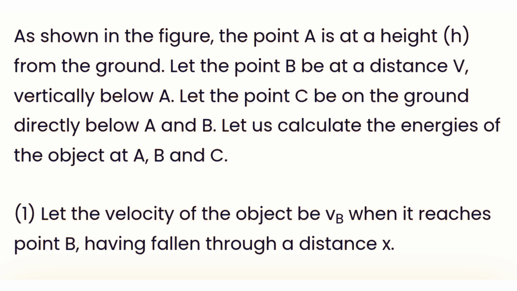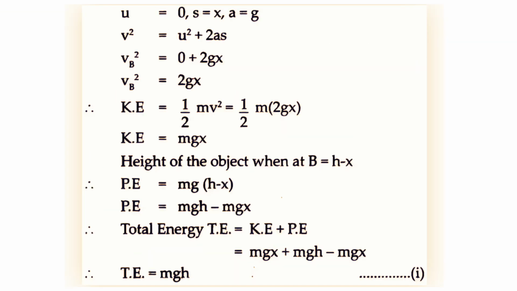Let us calculate the energies of the object at A, B and C. 1. Let the velocity of the object be v_B when it reaches point B, having fallen through a distance x. u equals 0, s equals x, a equals g. v squared equals u squared plus 2as. v_B squared equals 0 plus 2gx. v_B squared equals 2gx.